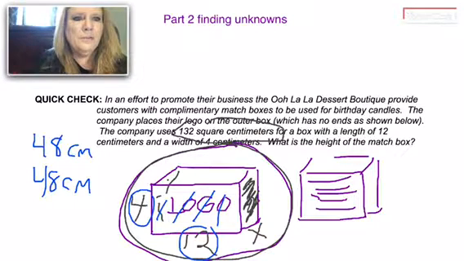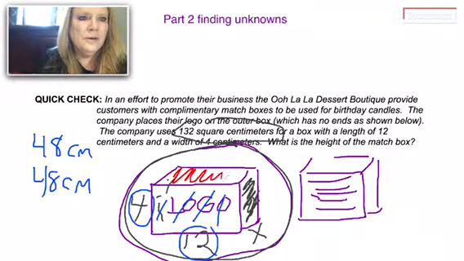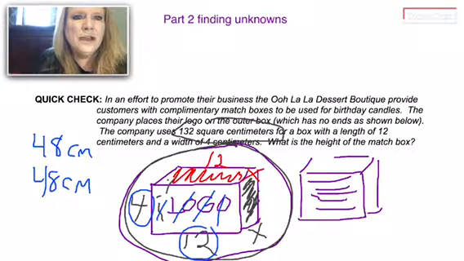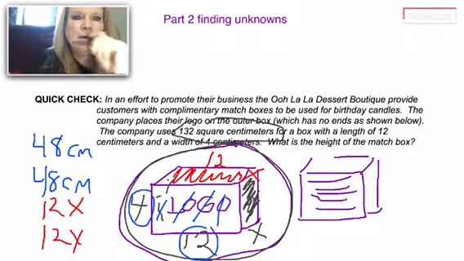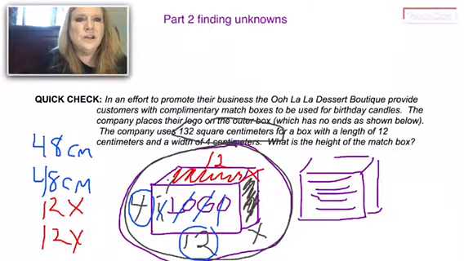Then the other part of the box that we have is the top and the bottom. This is 12, and this measurement right here is the x that I don't know. So 12 times x is the top, and then we have a bottom that's 12 by x. And then the other 2 sides are just not there so that we can slide the matches in.